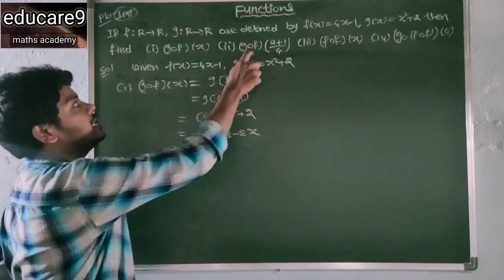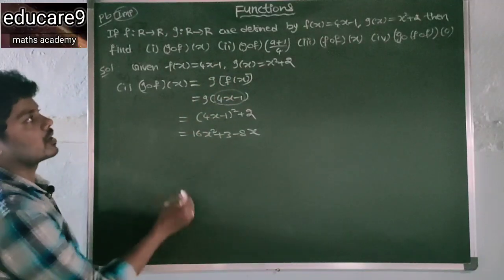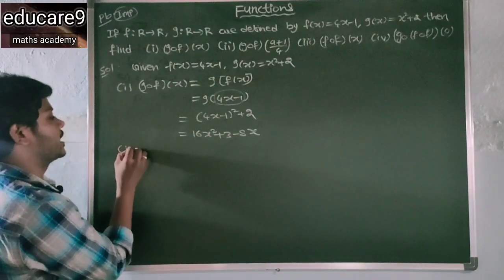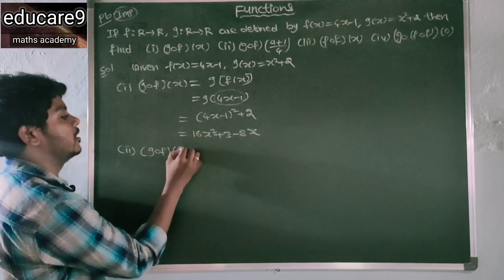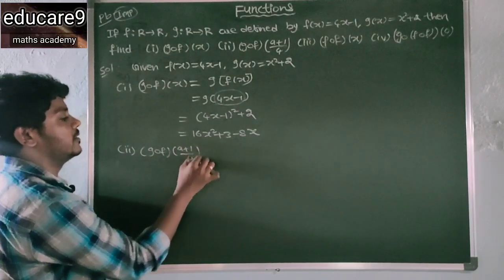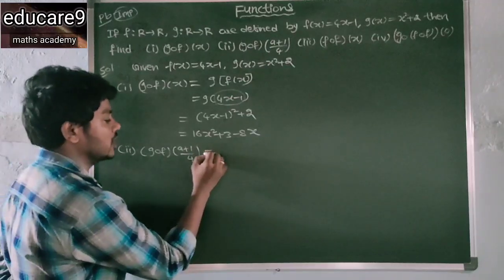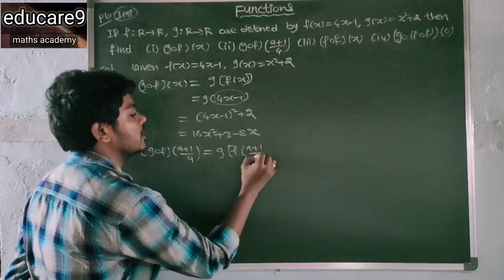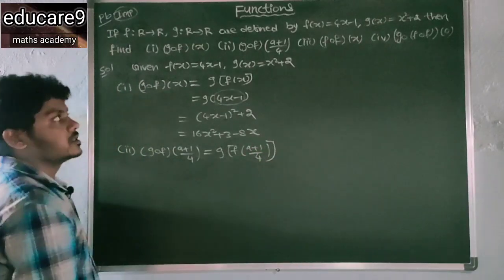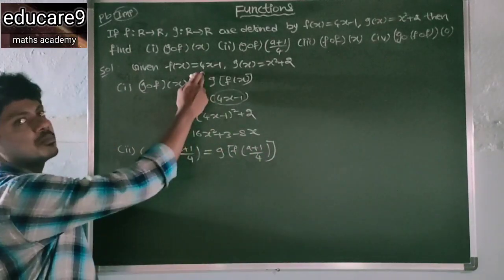Next one, g circle f of (a plus 1 by 4). Second one, g circle f of (a plus 1 by 4). So this is g of f of (a plus 1 by 4). So replace x by a plus 1 by 4.